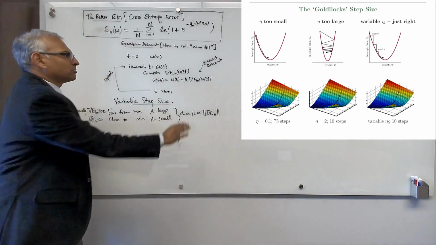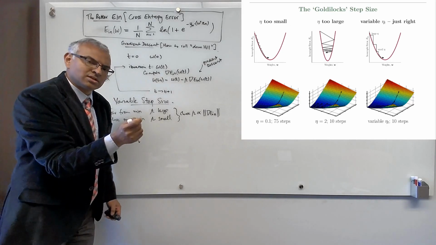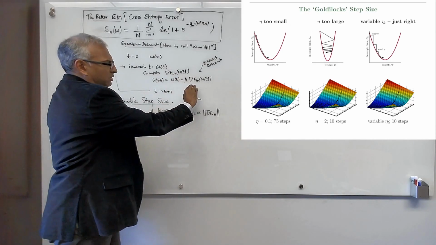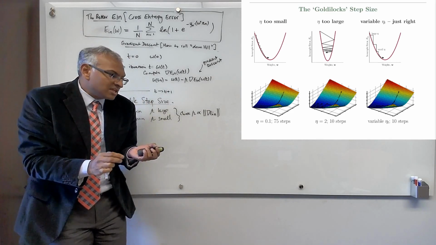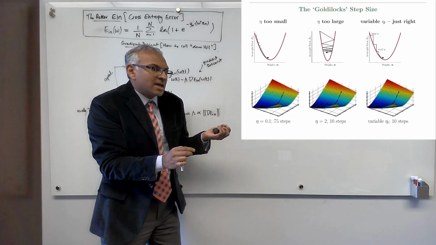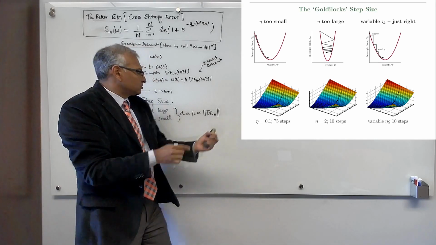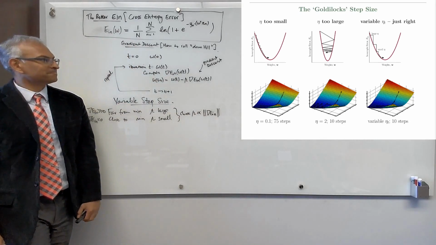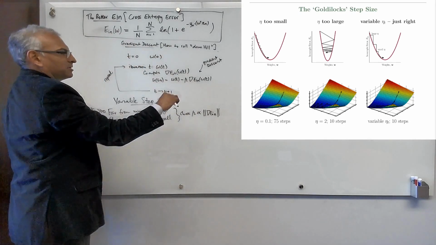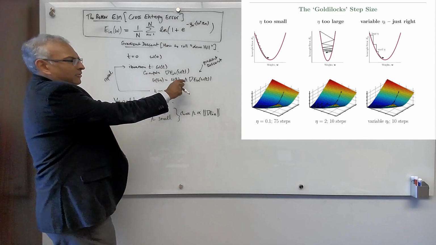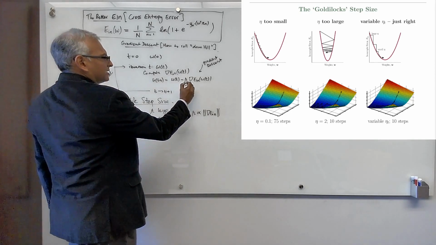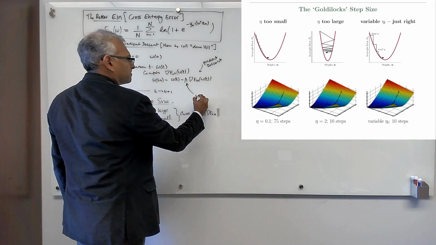Now remember, the norm got in here because we were picking a direction and moving a fixed step. When we remove this, basically what that corresponds to is pick a direction and then move a step whose size is variable, proportional to the norm of the gradient. And this algorithm is called regular gradient descent with what's called a learning rate eta. So this guy here is called the learning rate.